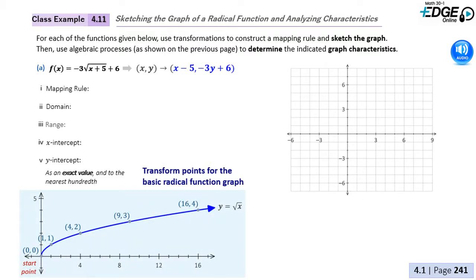Remember our points of (0, 0), (1, 1), (4, 2), (9, 3), and (16, 4), the perfect squares that we square rooted? Well, let's see what happens to them when they go through this mapping rule. We'll see that each x value is subtracted by 5, while each y value is multiplied by negative 3 and then increased by 6.